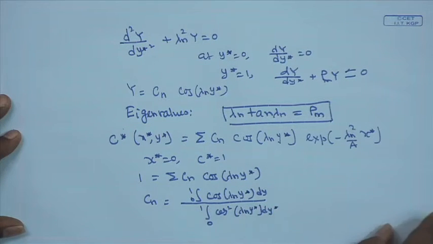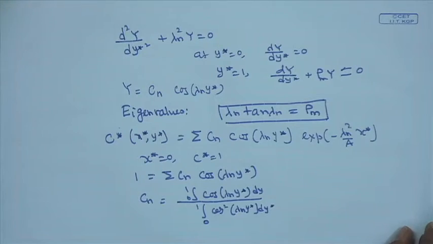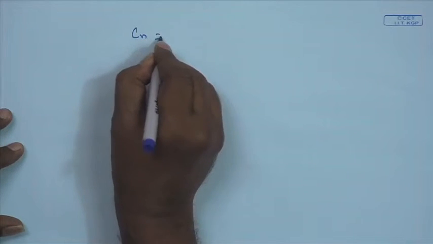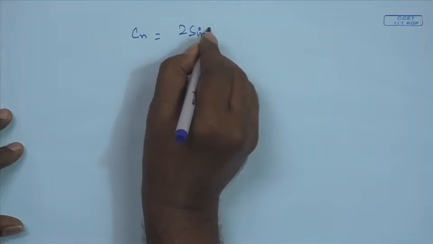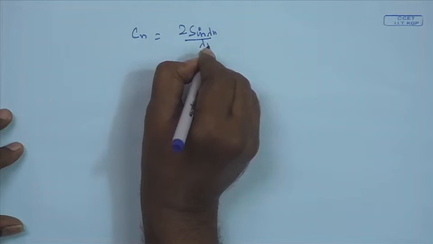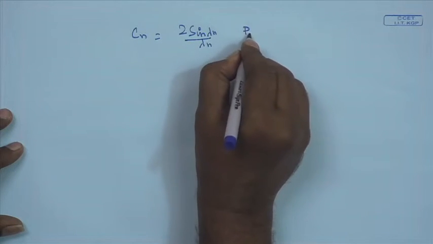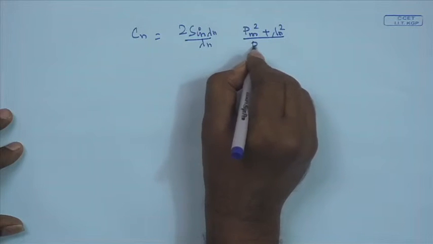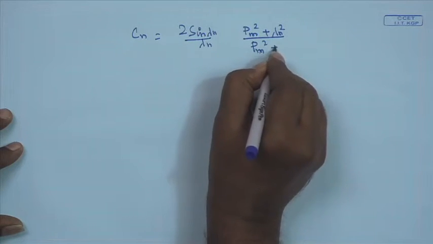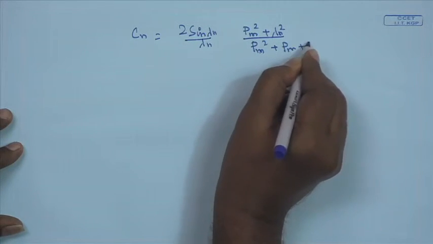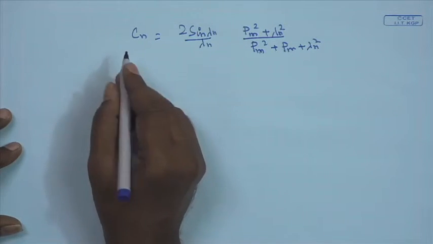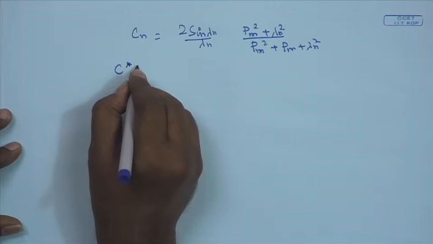One can evaluate the integrals, and C n becomes 2 sin lambda n divided by lambda n p m square plus lambda n square divided by p n square plus p m plus lambda n square.